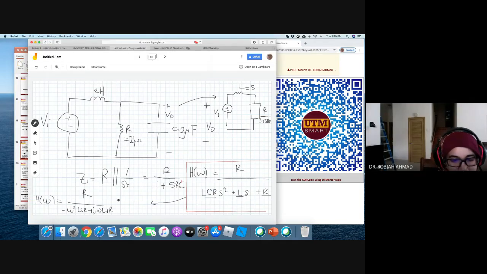Okay, so now go back to this one. So you have to put it into 0.707 or 1 over square root 2. Okay. Based on this equation, so you know the value of R, right?